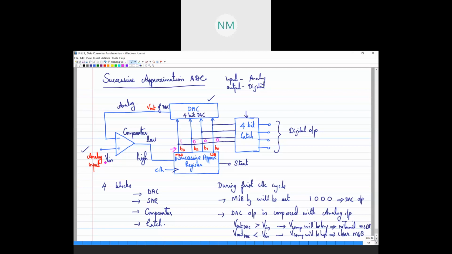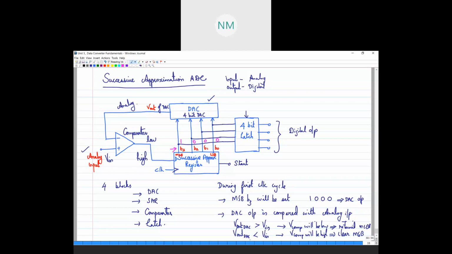So if your analog input is high, the comparator output will be high. That will clear this B3, the MSB bit. And if your analog input is low compared to your DAC output, your comparator output will be low and your MSB bit will be retained. So whatever the output is, either the MSB will be cleared or retained, during the next clock cycle. So this happens in one clock cycle.